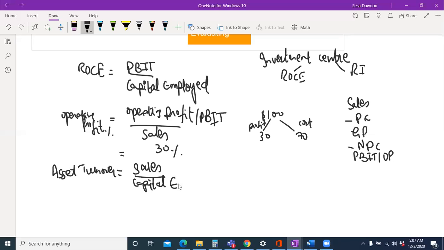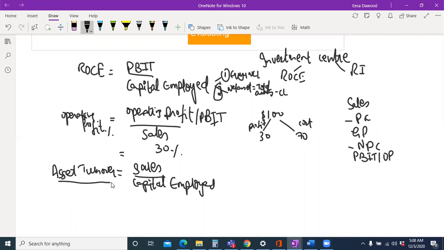There were two formulas to calculate capital employed: formula number one was equity plus non-current liabilities, and formula number two is net assets, which is total assets less current liabilities. We did this. If you don't know, you can check the previous lectures.